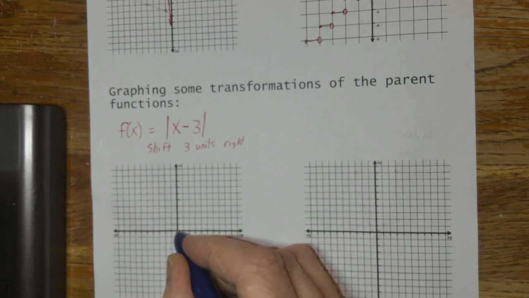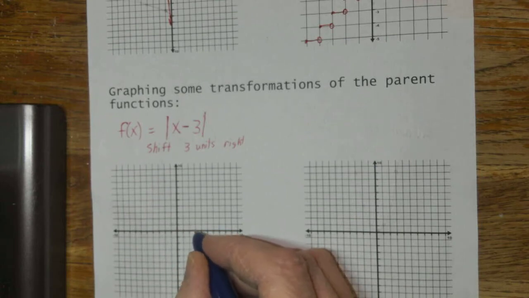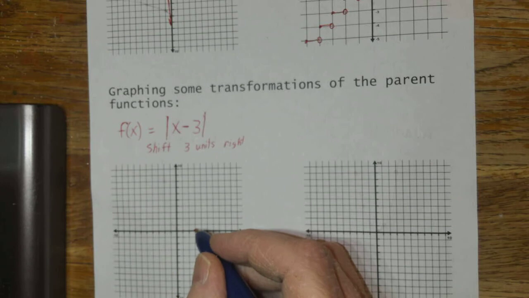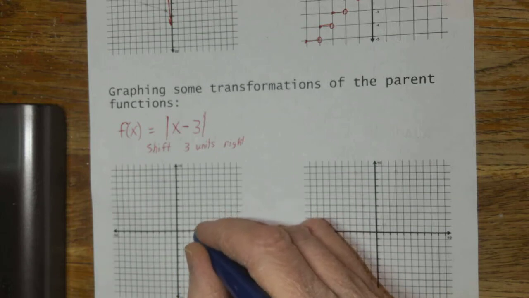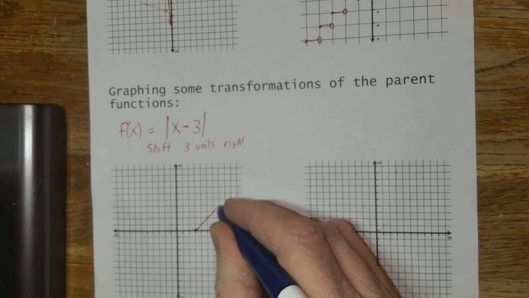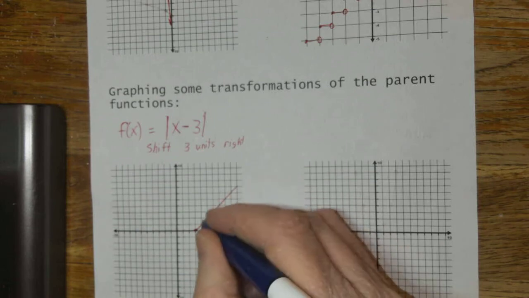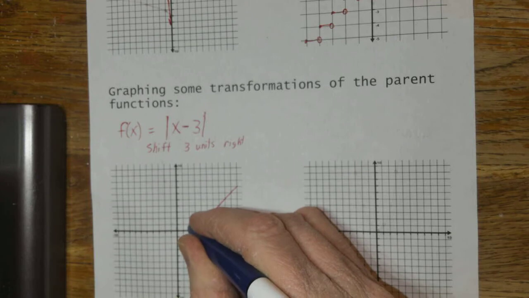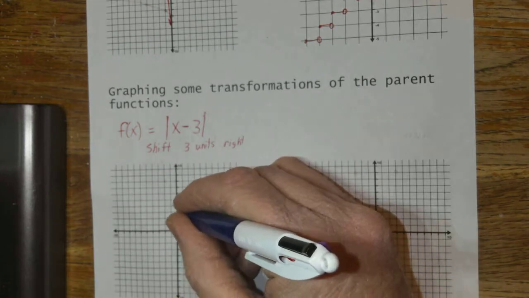So instead of being at 0, 0, it's 1, 2, 3, the bending place, the vertex, it's going to be at 3, 0. I'll just hit those diagonals right there.